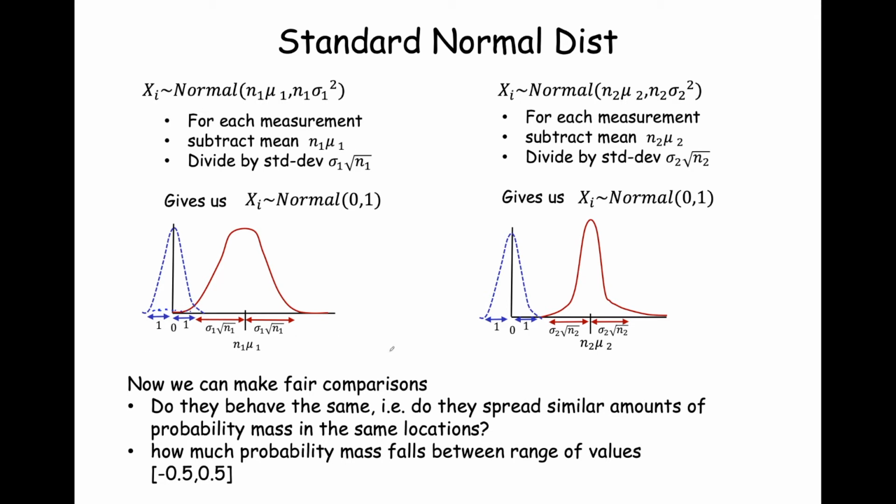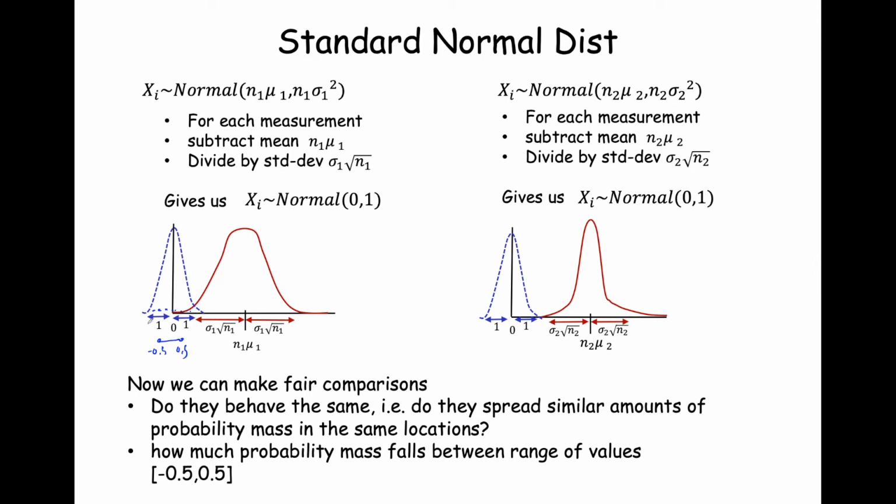How much probability mass falls between the range from negative 0.5 to positive 0.5, for example? Now, because they started out as different normals with different dispersions, they're going to spread out probability mass in different ways over that unit range, that standard deviation of 1.